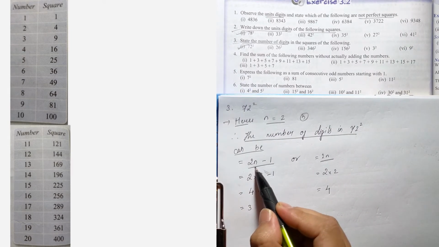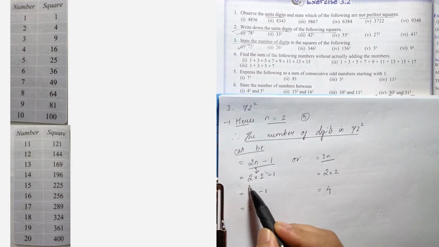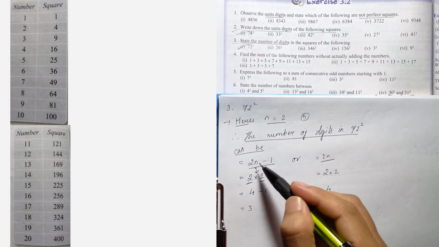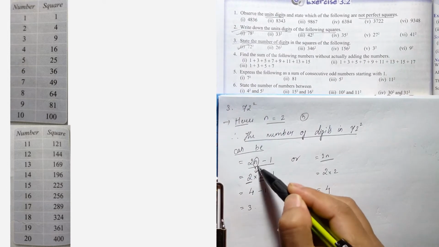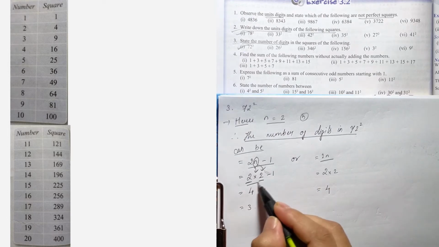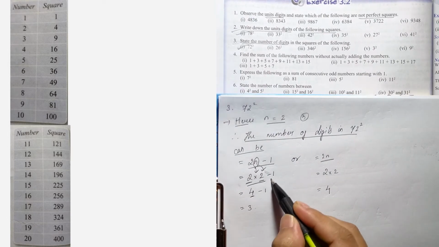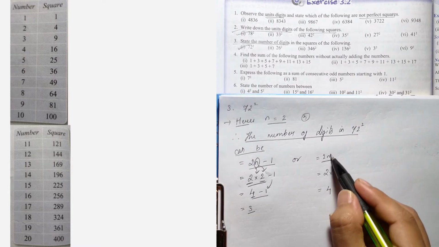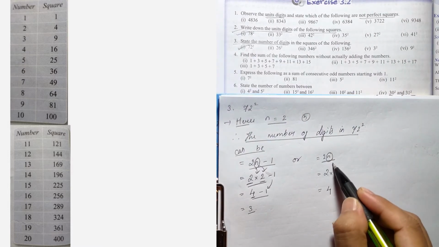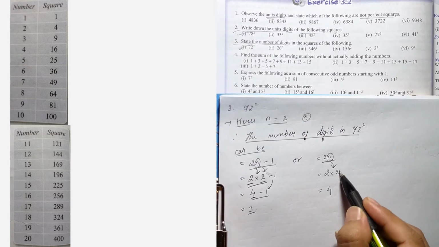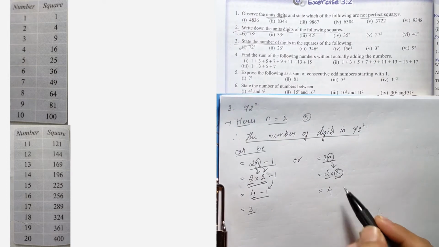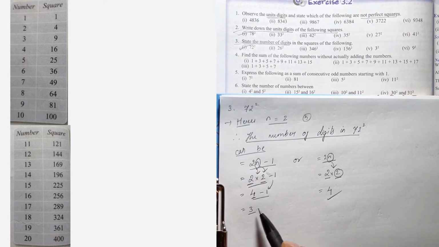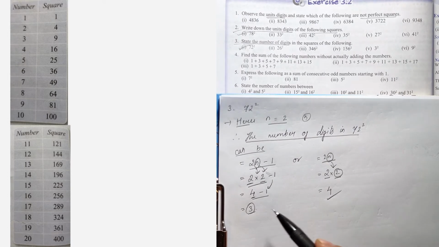So if you substitute n equals 2 here, then you get 2 into 2. That is, in place of n, we're writing 2. Now 2 into 2 is 4, minus 1. 4 minus 1 is 3. Or 2n. So if you substitute 2 here, then you get 2 twos are 4. So the number of digits may be 3 or 4.